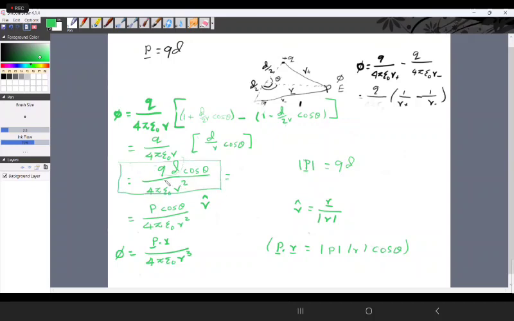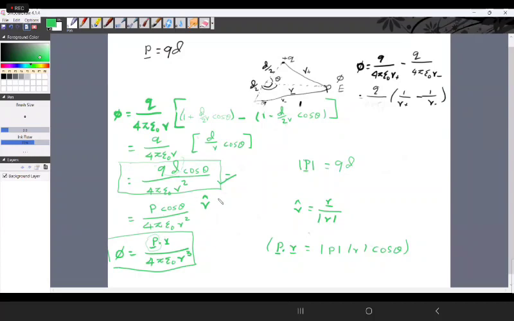For example, if the question gives you the charges and the separation, you can go from this one. If only the dipole moment is provided, then you need to come to at least this step. Okay, so now we know the potential.